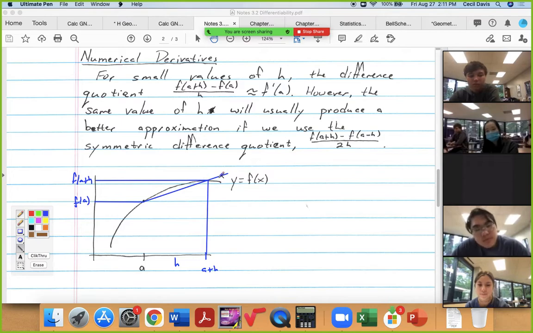It's too small because this curve is curving downwards. If we went the same distance over here, though, and did another point, I'm going to do this in a completely different color, a point over here and a point, say, over here, the same distance away. Do you see how that is pretty close to being the same as the slope of the tangent?